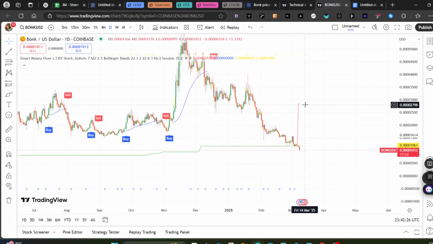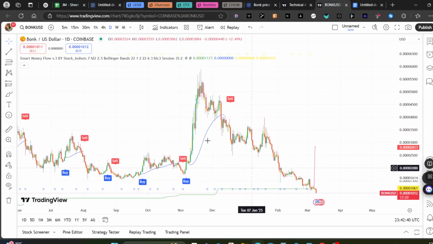Now, you may be wondering, how do you use this indicator to your advantage? Well, one of the key things to understand is that institutional money often leads the market. So when you spot a shift in the flow of this smart money, it can be your cue to adjust your strategy.